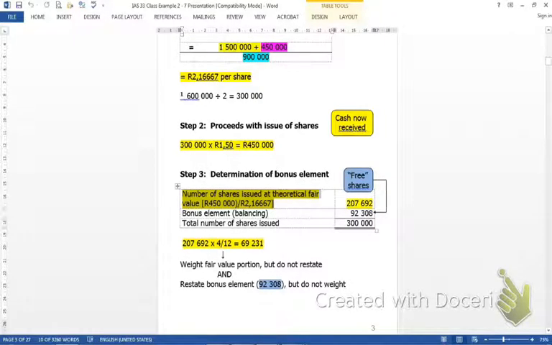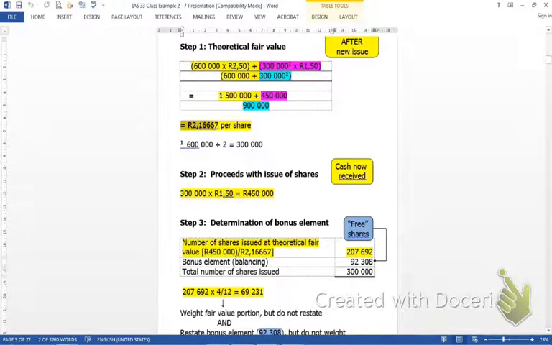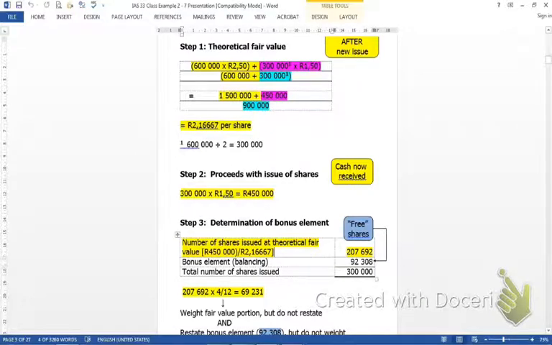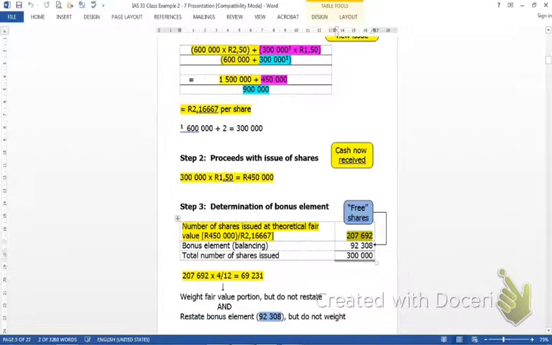So we received 450,000 rands for this issue. The theoretical fair value that we calculated here under number 1, the 2 rand 1,66667, divide that, and that gives us, we would have received 207,692 shares at the issue at the theoretical fair value.